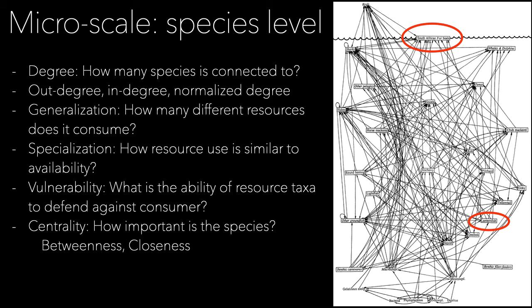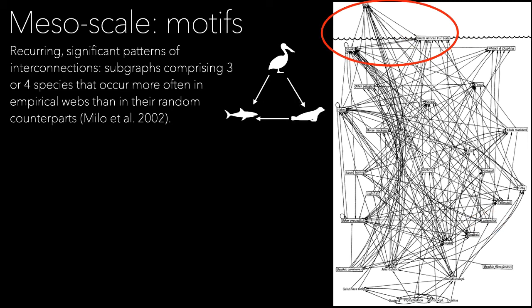So summarizing, betweenness centrality focuses on how a species is located between two other species. The closeness centrality instead indicates how close a species is to all other species. We can then look at the meso-scale, what we call motifs.